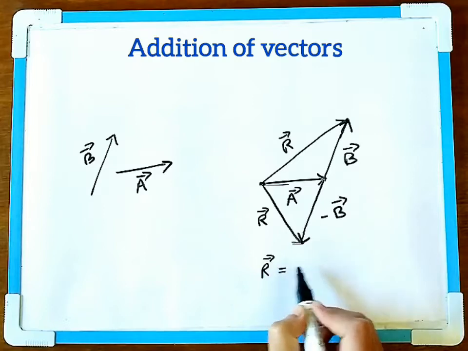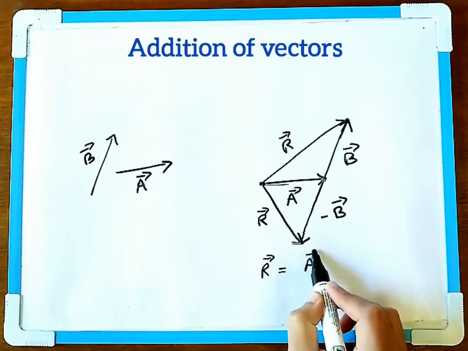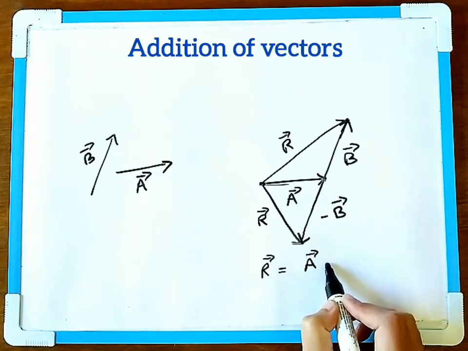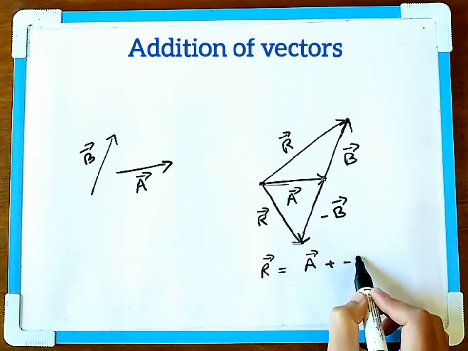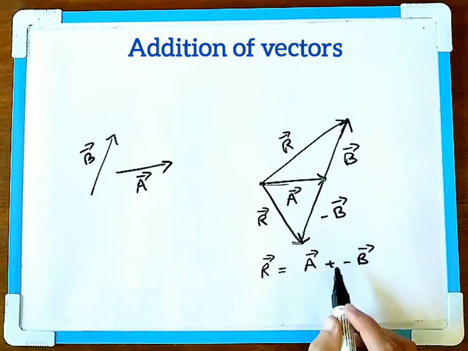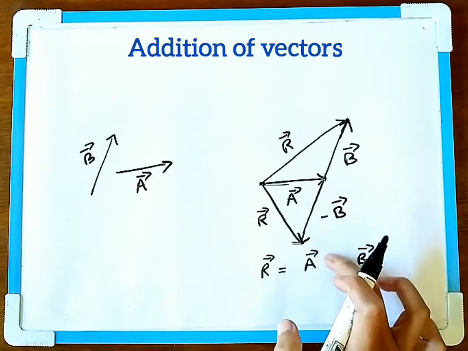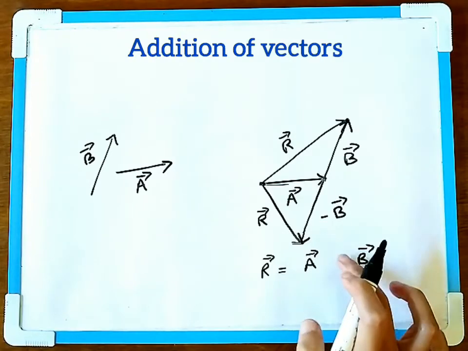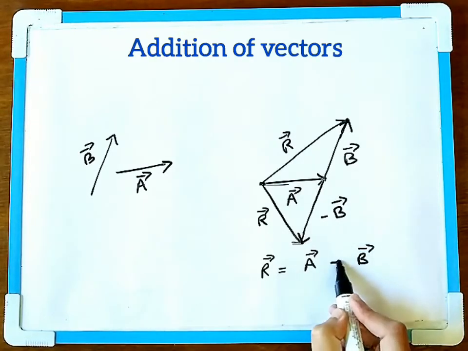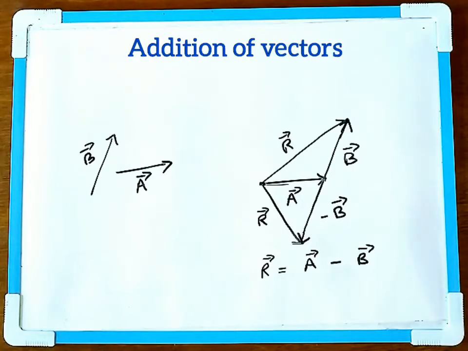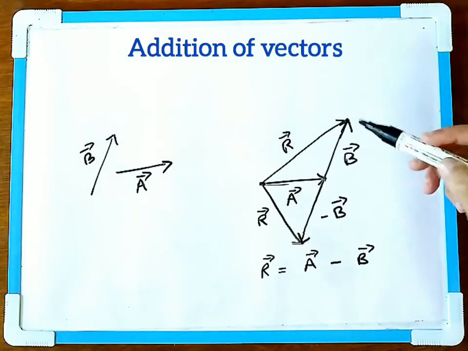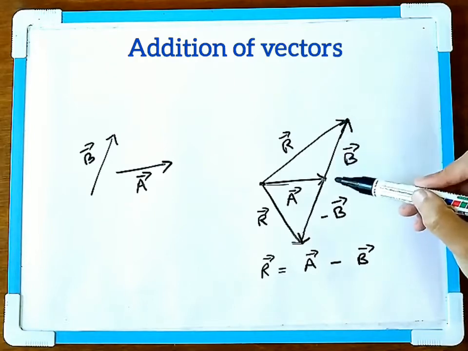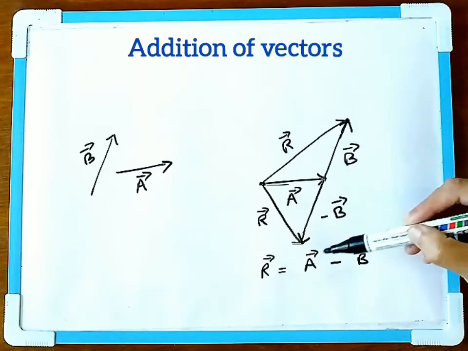In this case we have A vector plus minus B vector. So here this plus can be removed. So here we have A minus B. So this is the subtraction of vector B from vector A, that is by drawing this opposite vector minus B vector. You'll get A minus B.